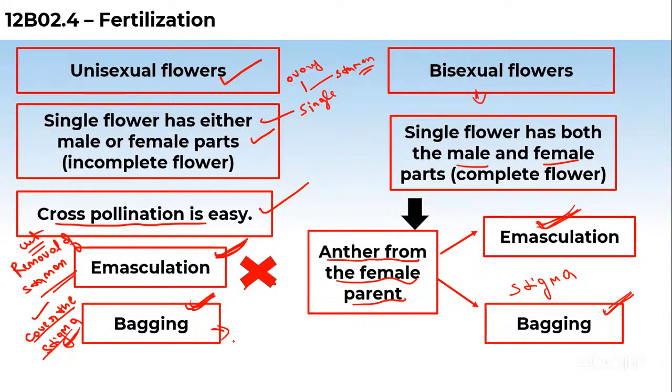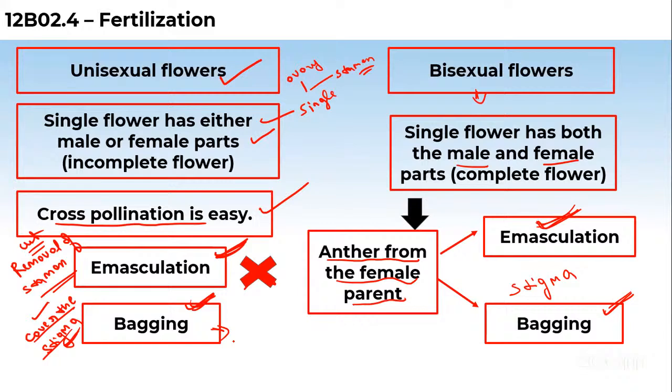Why we are doing the bagging means, till we are depositing the pollen grain of our interest, it should not get pollinated from some other pollen grain, right? The other pollen grain should not be deposited on the stigma. For that reason, we are going to do the bagging.